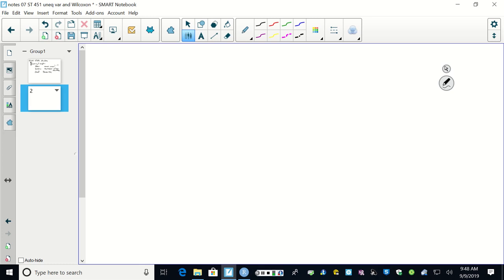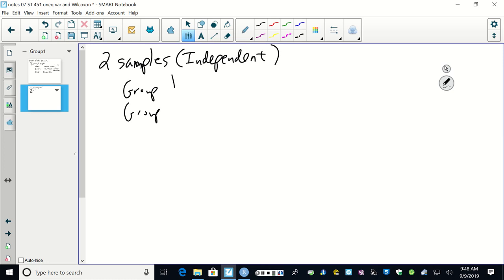With a two sample T test, two samples, these are independent samples, not paired to each other. Right? We have group 1 and group 2. N1 individuals in group 1, N2 in group 2.